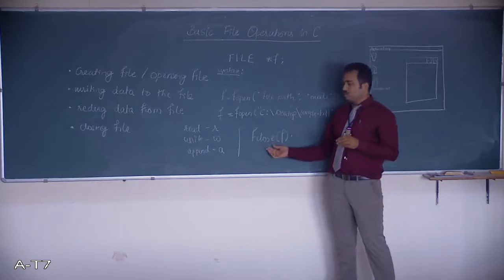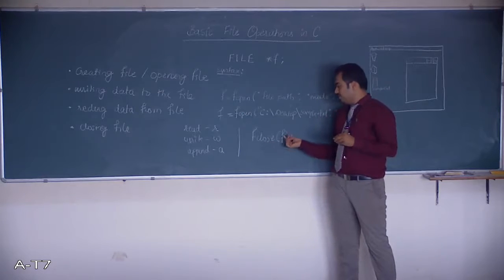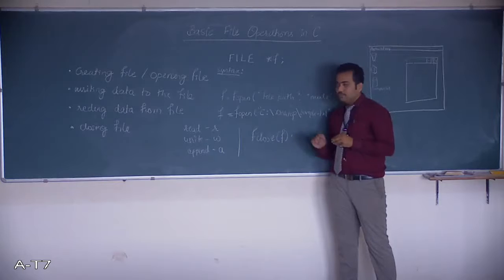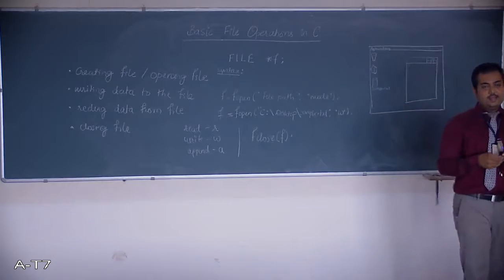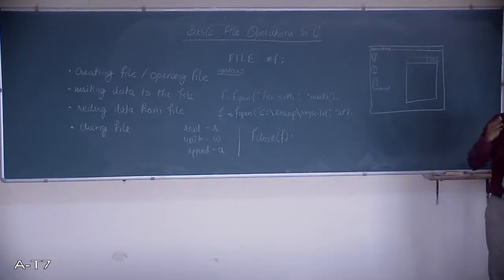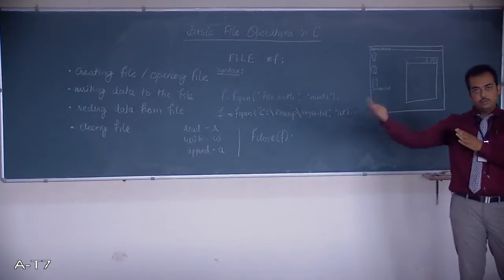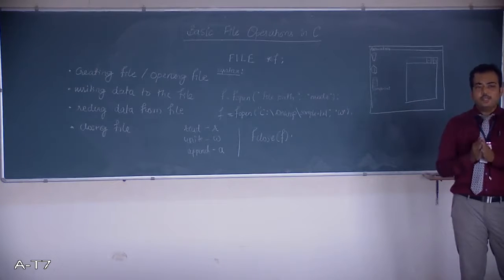For fclose, you have to pass only the file pointer which is pointing to one particular file. It does not take any other details. So the fclose syntax is very simple: fclose and in the brackets the file pointer. Wherever the file pointer is pointing to any file, that file will be closed.